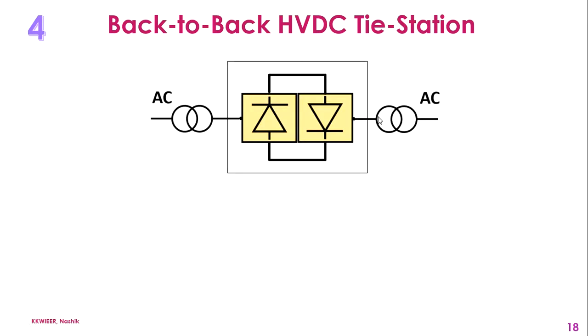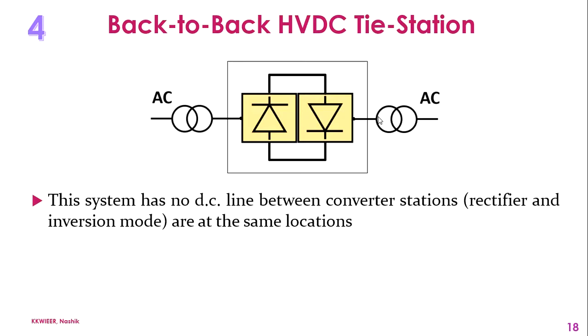And the last one is the back-to-back HVDC tie station. So this is a block diagram for the fourth type of HVDC transmission. In this system, there is no DC line between the converter stations. So here is the rectifier mode and here the inverter mode.